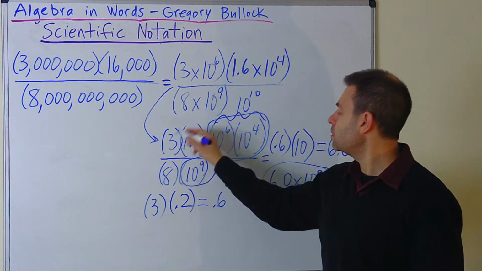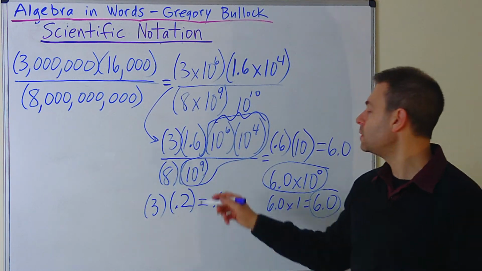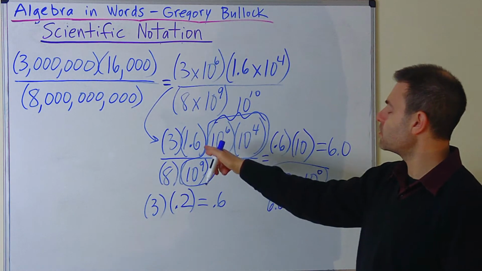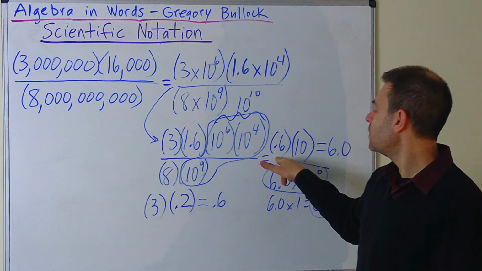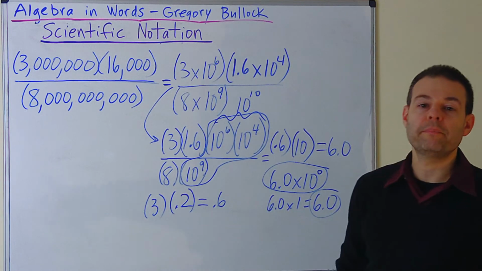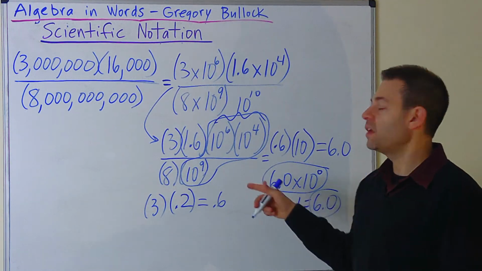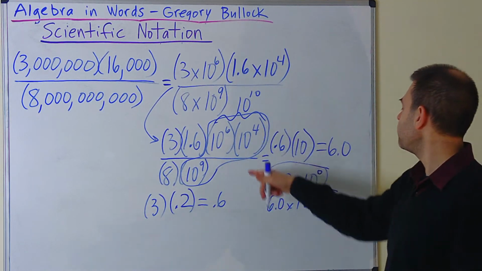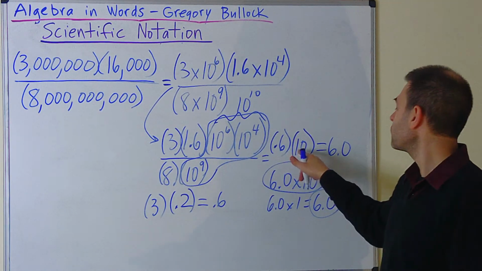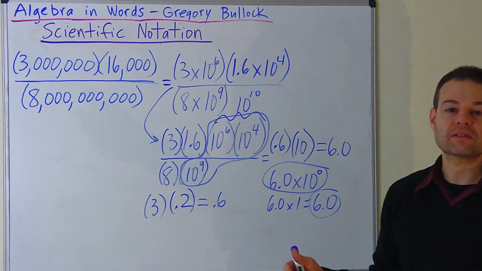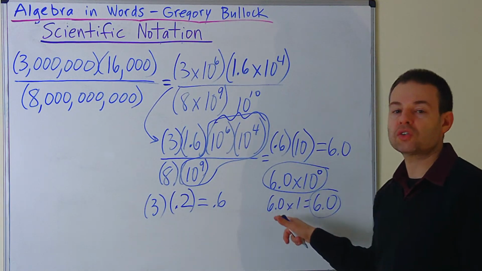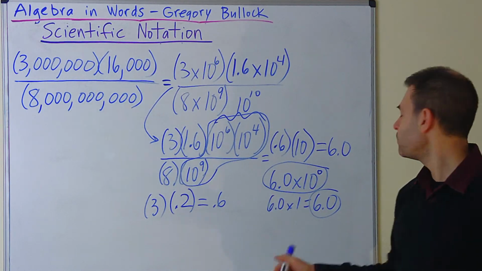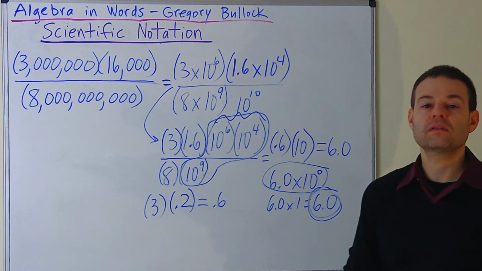Then we did the calculation of the coefficients first, and we were able to simplify that down to 0.6. And then we focused just on the base 10 factors. And using the product and quotient rules, we quickly simplified that down to just 10. Then we multiplied them together and got 6. If you put it into scientific notation, it's times 10 to the 0, because 10 to the 0 is 1. And you could also just say 6.0.